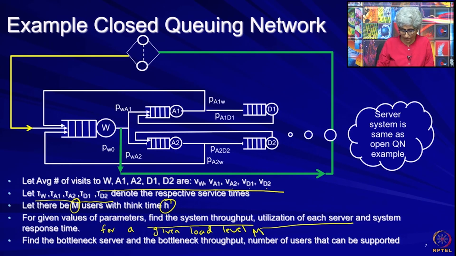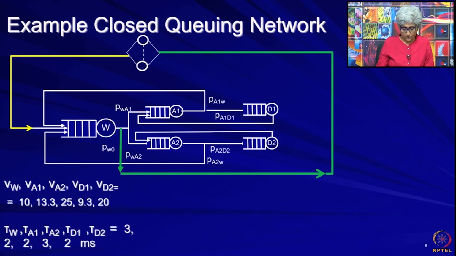And for the system as such, we want to find the bottleneck server, the bottleneck throughput, and also the number of users that can be supported. The questions about the bottleneck server and the bottleneck throughput, a little thought should suggest that this may not depend on whether we represent the queuing system as open or closed.